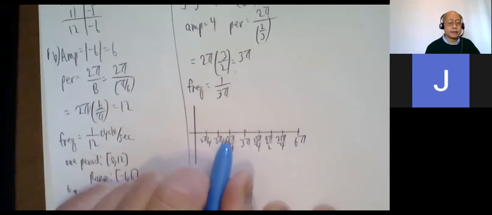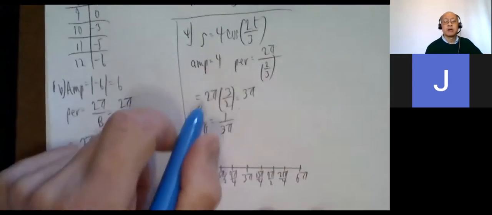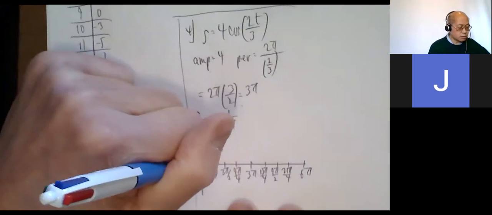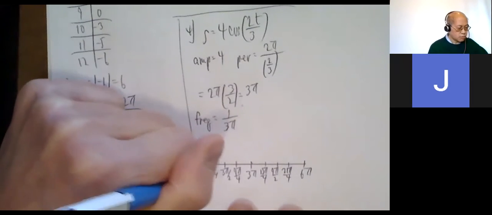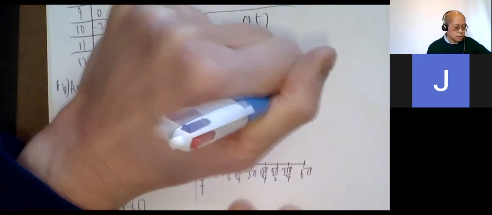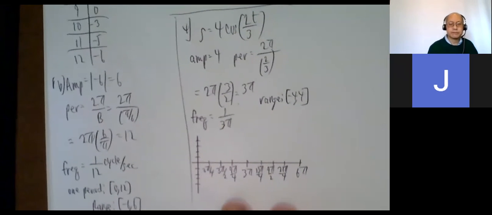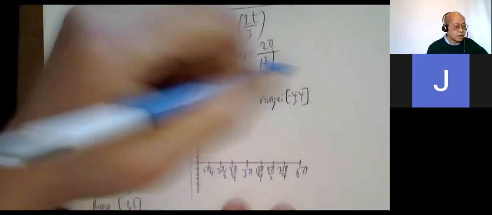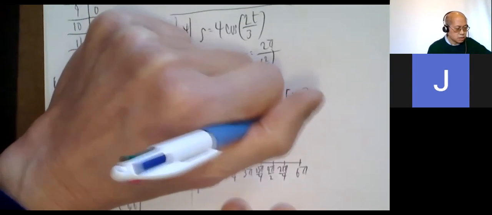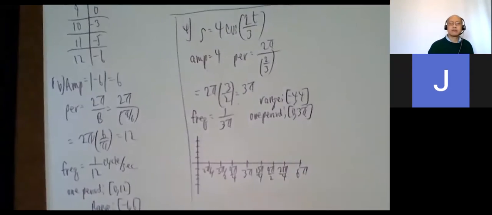For the quiz today and homework and exams, you should show me all these in between points also. Amplitude is 4. There's no vertical adjustment, so the range is from -4 to 4. And 1 period goes from 0 to 3 pi.